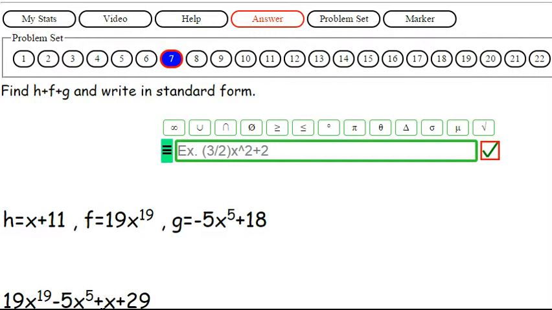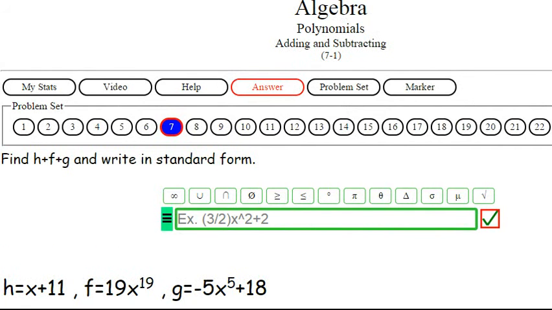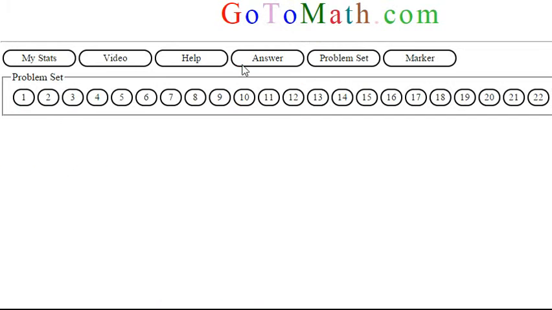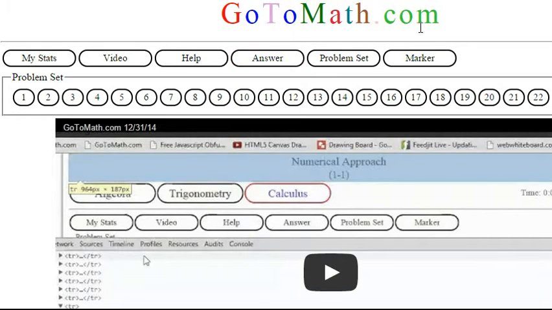Okay, that was pretty easy. You should be getting the hang of this stuff by now, hopefully. If you're not, I don't know what to tell you. Okay, we're here at GoToMath.com. Come on by, practice. See you later.